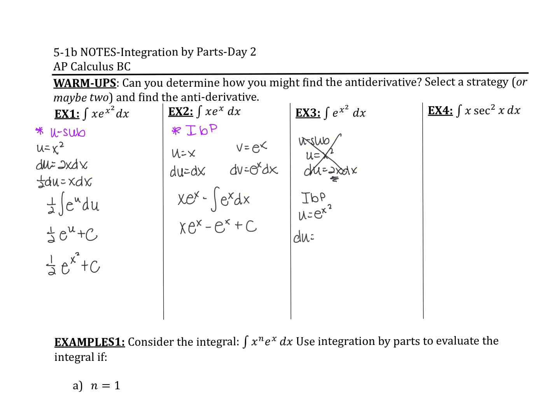So du would be e to the x squared times 2x dx. And then dv would just be dx, and the antiderivative of that would be just x. But then you see, if we do uv, I'm going to put the v in front, uv minus the integral of v du.